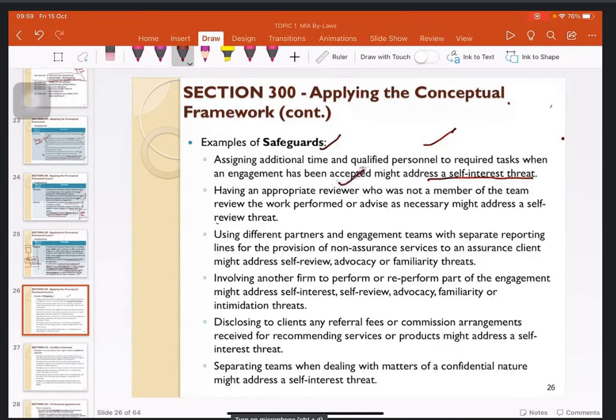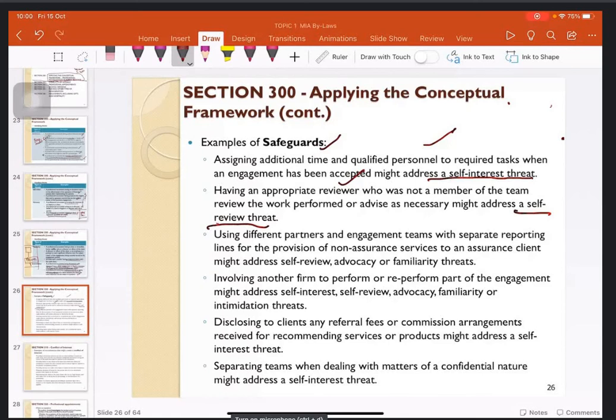Kemudian maybe kita boleh review. Reviewer. Katakanlah bahawa this one adalah to reduce dia bukanlah direct untuk self-review threat kan, it can be anything lah. But for the example adalah to reduce the self-review threat. Macam mana kita nak reducekan self-review threat? Katakanlah bahawa orang tu close dengan client, and then you punya bahagian yang you buat should be closely been reviewed by the audit manager.